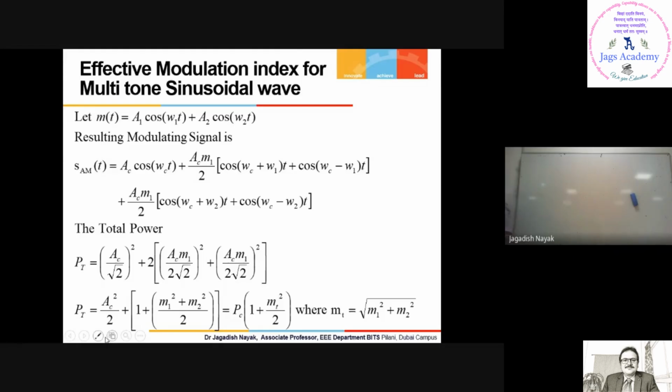What is mt square? It is the square root of m1 square plus m2 square. Which one? This should be m2. Exactly, it's m2. There's some typographical mistake there. That's why I told you not to copy directly, because these equations are very difficult to type in PowerPoint.